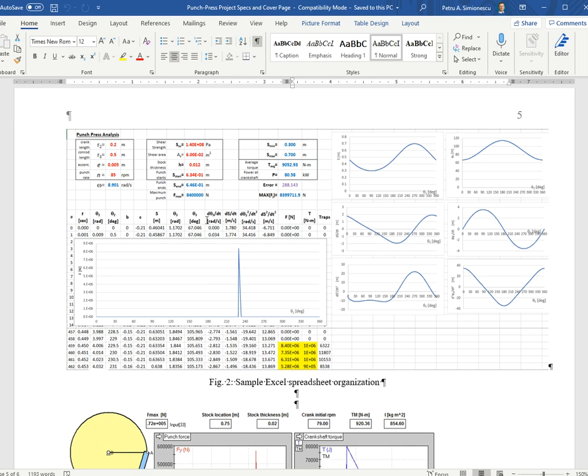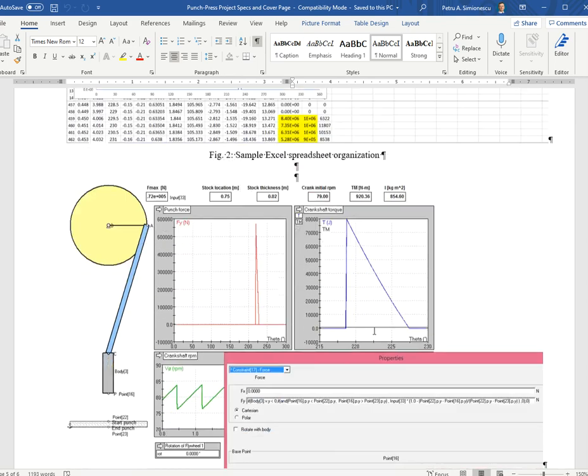But the equations programmed on these columns, for first derivative of theta 3, first derivative of s, second derivative of theta 3, second derivative of s, and displacement of the punch, are the final equations.